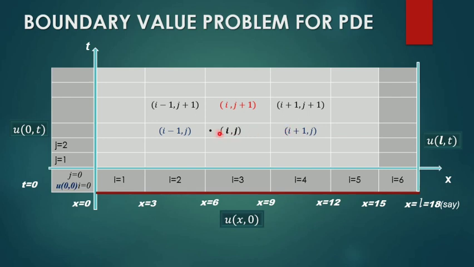And when you move from this position to the left, i decreases, that is, i changes from i to i minus 1. But throughout this horizontal line, you have j as constant. So j remains constant in this row.